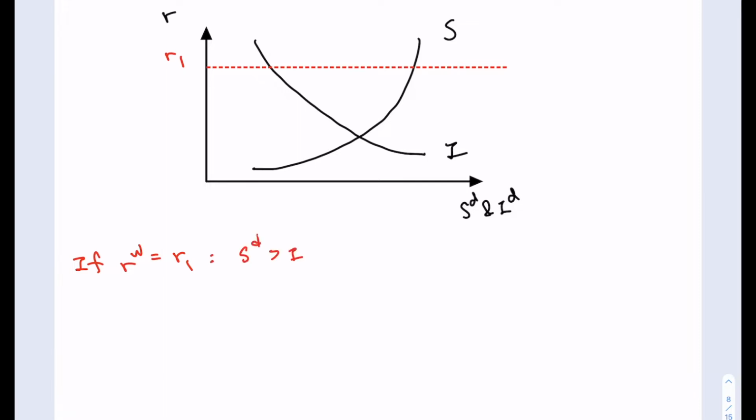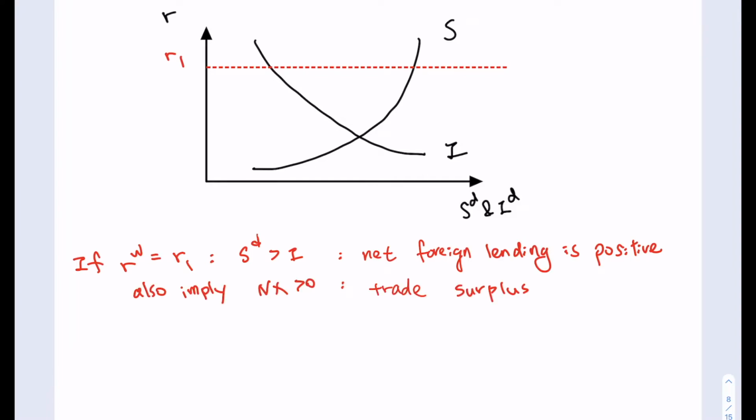In that case, we know the desired saving of this nation will be greater than the investment in this nation, so they have more savings than their domestic investment. They are going to have something left, so there is a net foreign lending position. It's positive and it is a net lender. Given what we learned before, this also implies that the net export is positive, so this economy will also have a trade surplus.